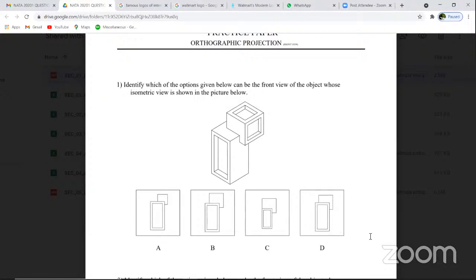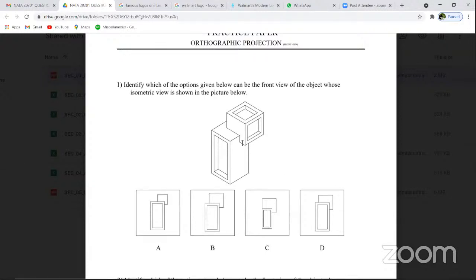What is the difference between D and A? It's D. I think it's B. Why? Because this distance, you see, is very narrow here.